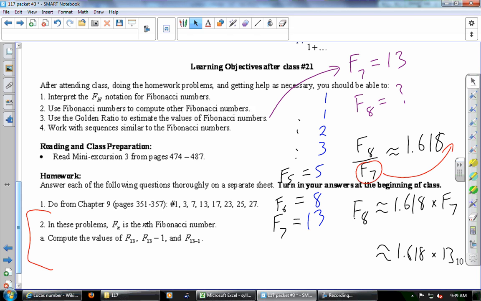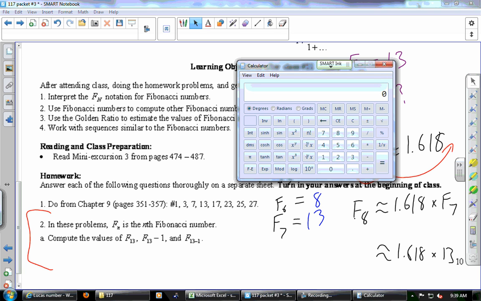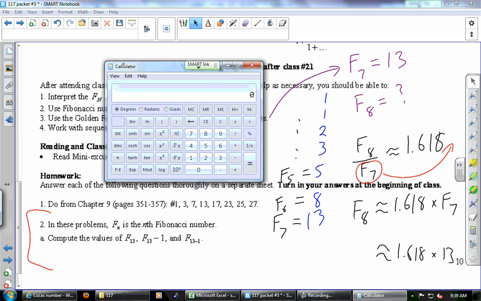But let's just see how close we are with the calculator, assuming that we don't have it. So let's see. We're multiplying 1.618. That might be a good number to throw on the cheat sheet. That is very close to the golden ratio times 13. And if I said that's close to the next number, I'm certain we would all guess 21 is actually the next number.